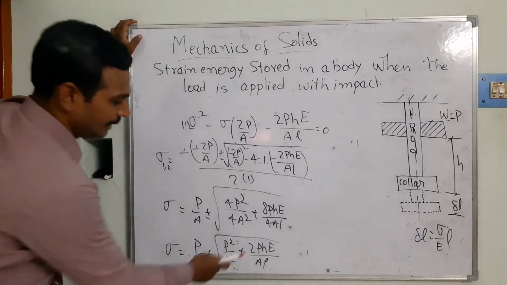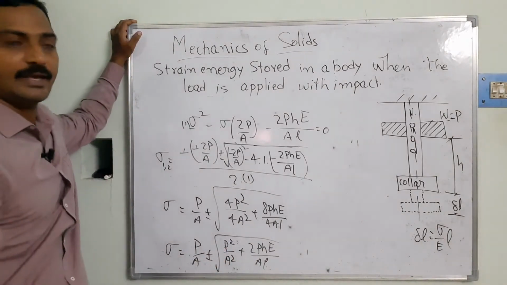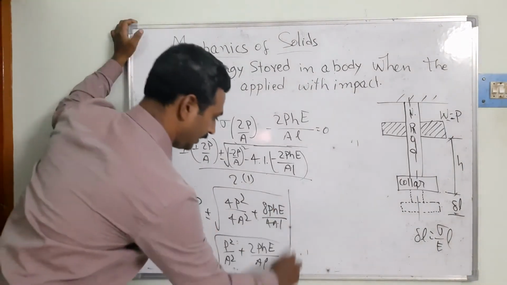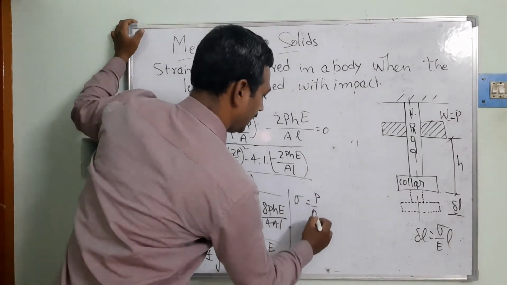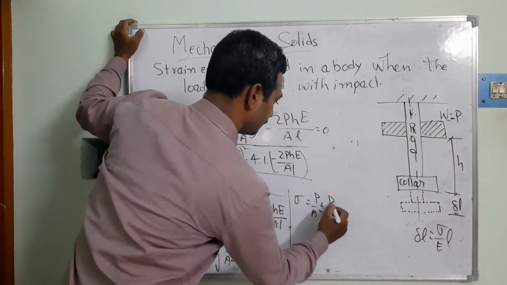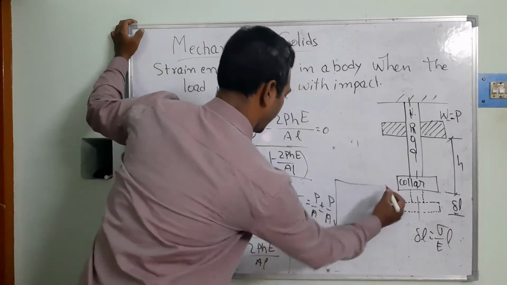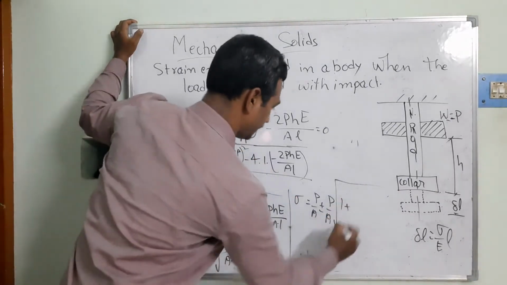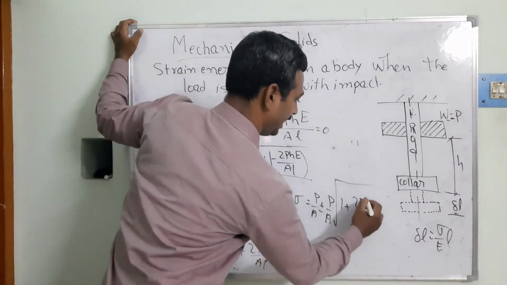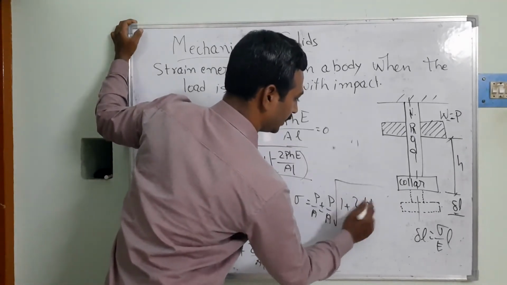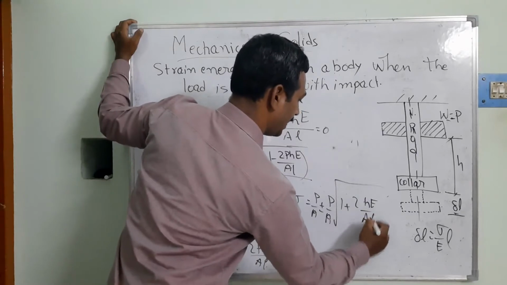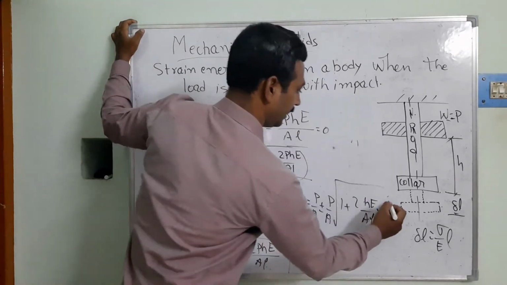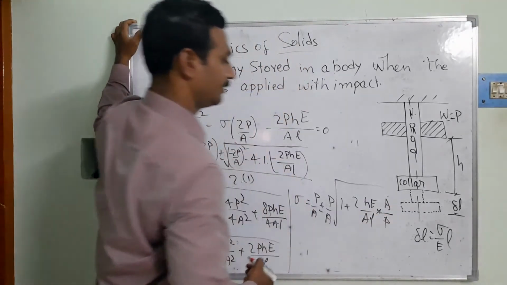So in this case, P by A is common, and I am going to write it outside. So sigma is equal to P by A plus or minus P by A times the square root of 1 plus 2PHE by AL, and this I am going to take as A by P, right.